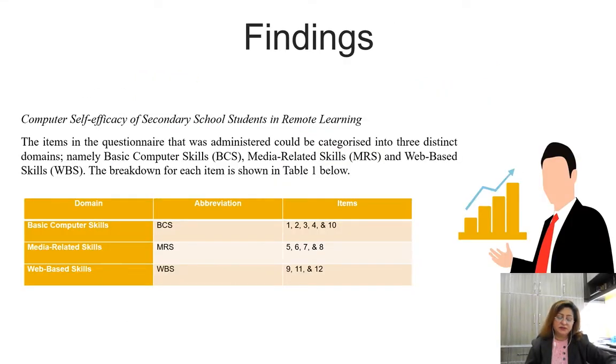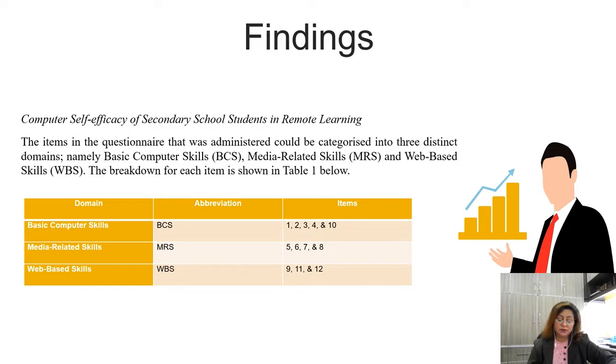This study aims to investigate and shed light on the influence of language proficiency on remote learning self-efficacy of secondary school students, and then analyze to see if there are any differences in line with language proficiency.